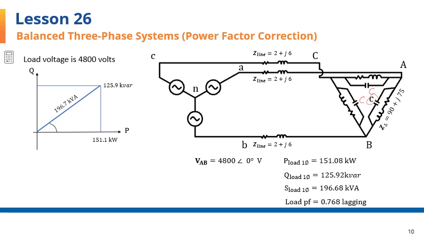Since the addition of the capacitor does not alter the amount of real power, we know that the real power of the combined load and capacitor will remain at the value of 151.1 kilowatts per phase as before. What changes is the reactive power of the combined capacitor and load, and as a result, the apparent power will also change.